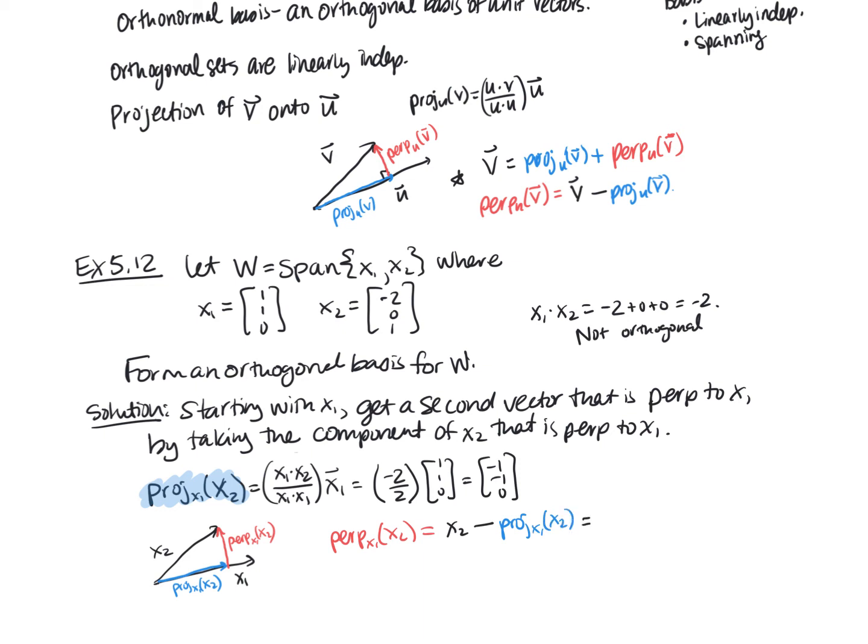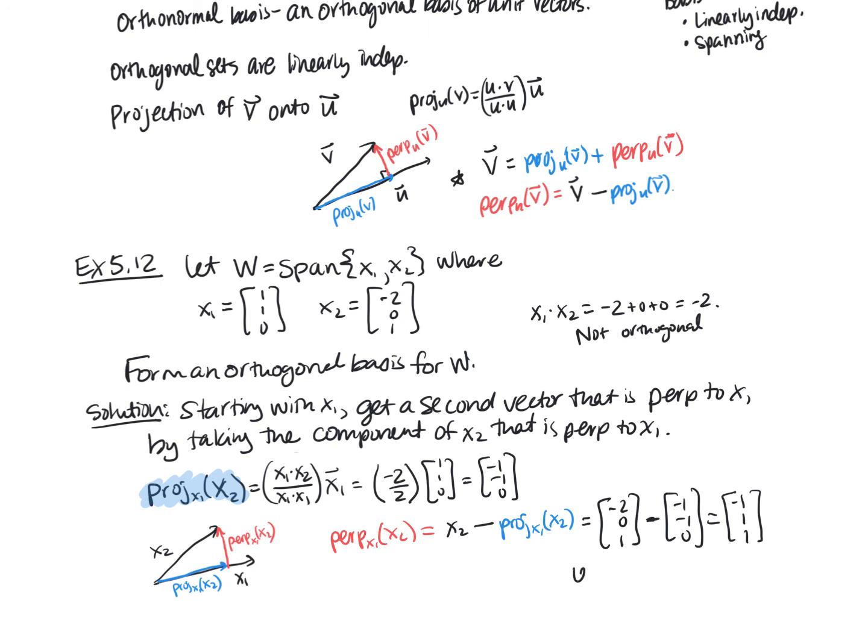Well, my x2 was negative 2, 0, 1, and I want to subtract off negative 1, negative 1, 0. So it's a lot of negatives here. Negative 2 minus negative 1, so it's negative 2 plus 1, so that's negative 1. 0 minus negative 1 is going to be 1, and then 1 minus 0 is 1. Okay, and so that is my perpendicular part.